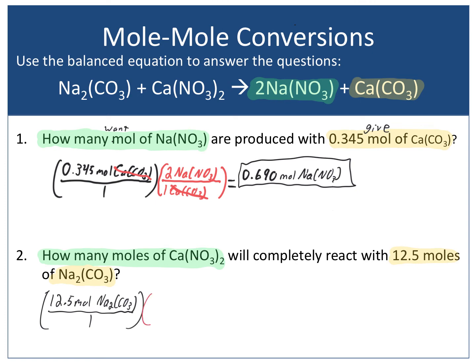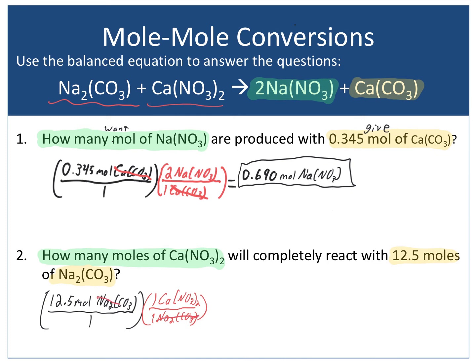By my mole ratio, there's 1 Na2CO3 from the balanced equation, and there's 1 Ca(NO3)2.